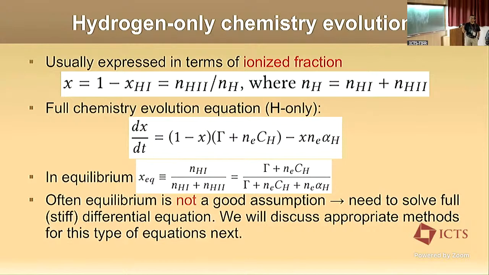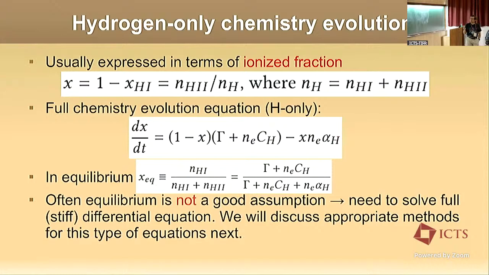And this is obviously the number density of ionized atoms divided by the total number density of hydrogen atoms. And then the chemistry equation for hydrogen only becomes: the derivative of the ionized fraction with respect to time is the neutral fraction times the photoionization rate, collisional ionization, and recombinations. Now that's the equation that we need to solve.